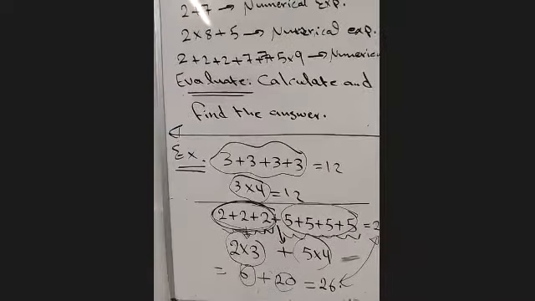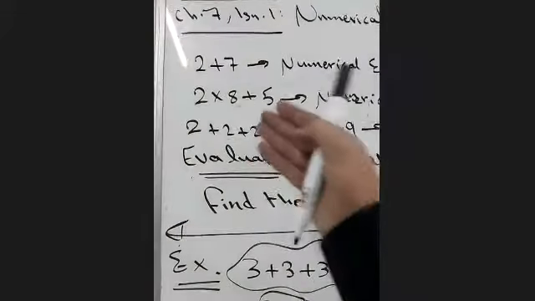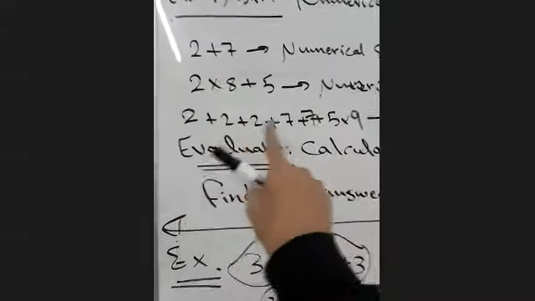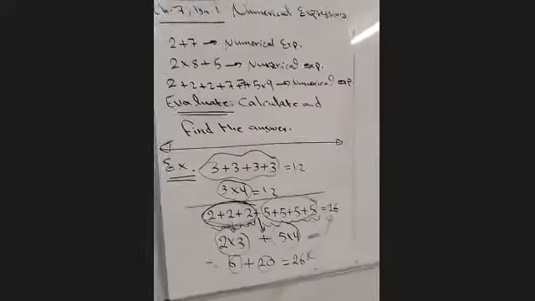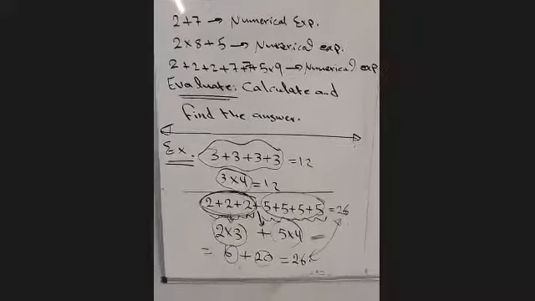Only numerical expressions means a math expression where all the parts of it are numbers. Later on, you will learn something called an algebraic expression, but not now. Later, inshallah, when you grow up a little bit.